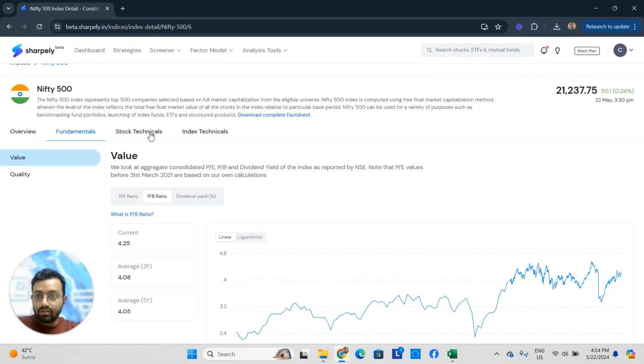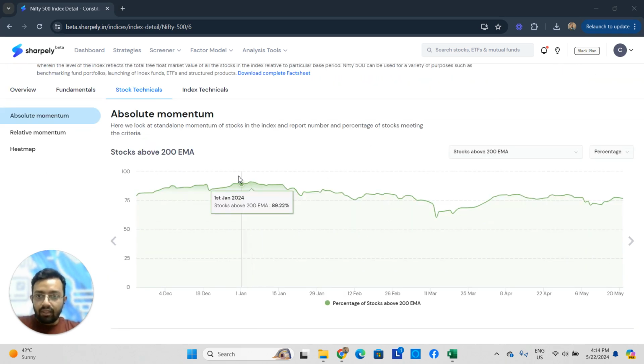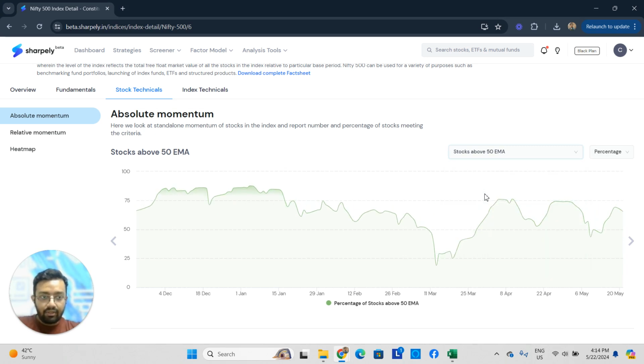Now we have stock level technical data points. So as you can see here, we have absolute momentum, relative momentum, and heat map. In absolute momentum, you can see percentage of stocks above key moving averages. So I want to analyze percentage of stocks above 50 EMA. And as you can see, recently the volatility is increasing.